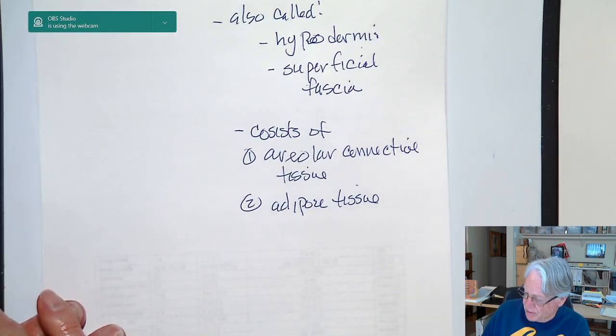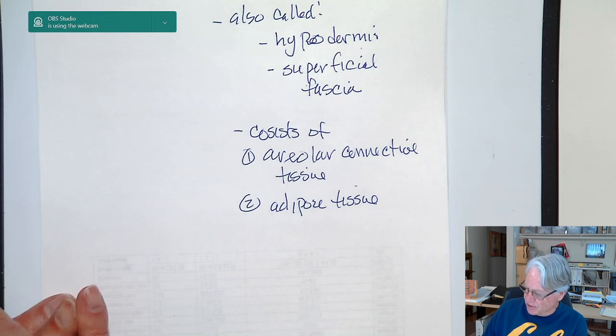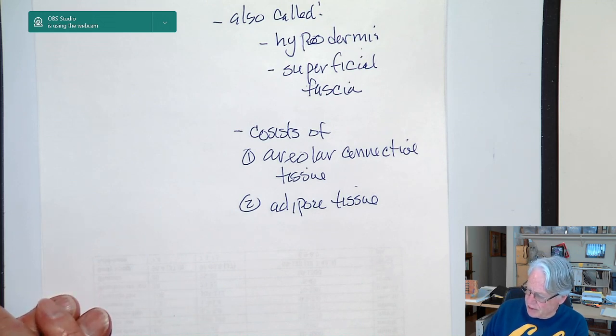And sometimes the bulb of deeper hairs are actually in the subcutaneous layer too. So it is a structure that is closely associated with the skin.